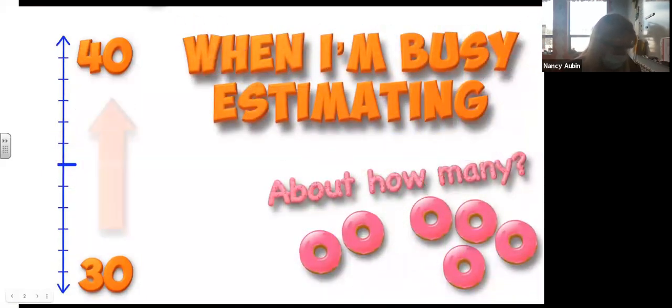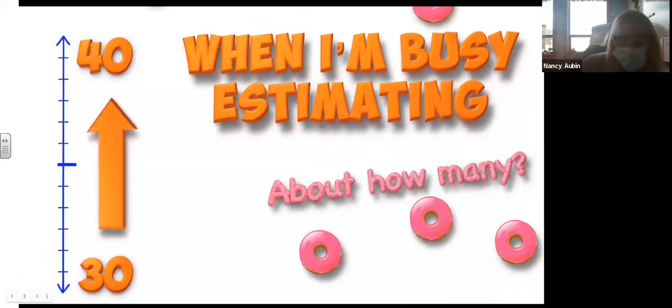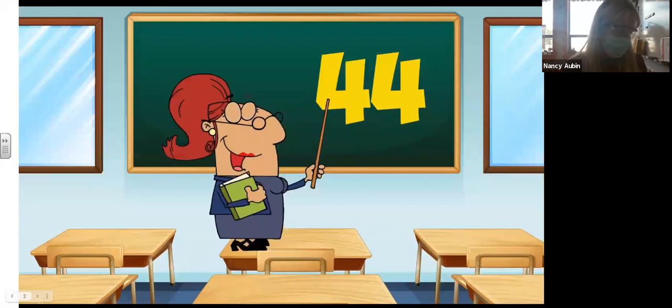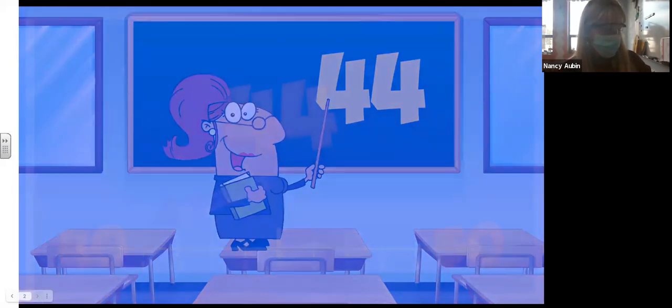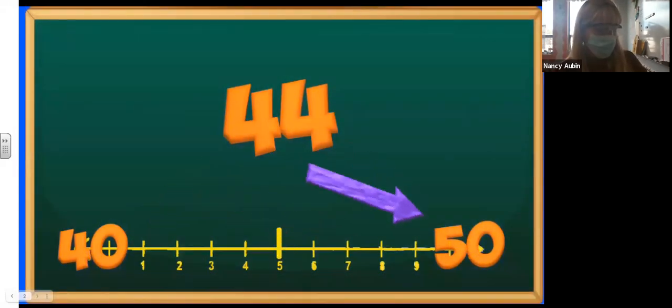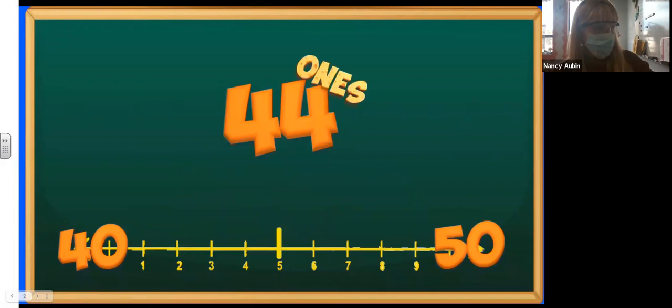Round is the estimator. Round it up or round it down. My teacher said you round the number 44. Round it to the nearest 10. Does it round to 40 or up to 50? I'll show you what I did right then. I looked at the one place, it's 4 that's less than halfway.